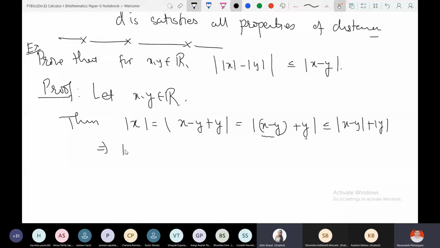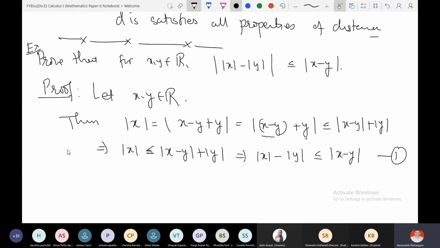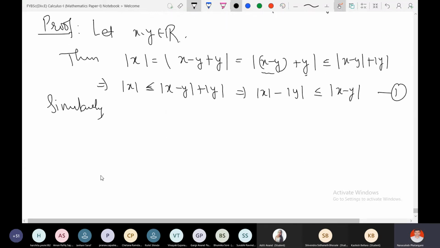So ultimately what I found is |x| is less than or equal to |x minus y| plus |y|. Now absolute value of y is some number, whatever it is. I will add its negative on both sides. So |x| minus |y| is less than or equal to |x minus y|. Let us call it expression 1. Similarly, I will generate a similar kind of expression by starting with y.